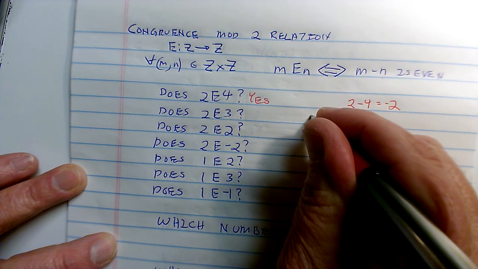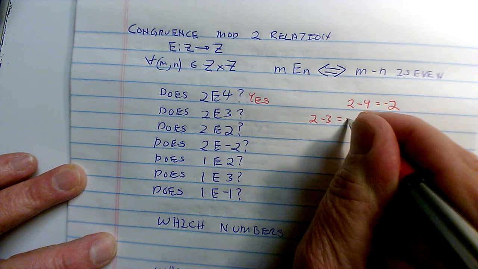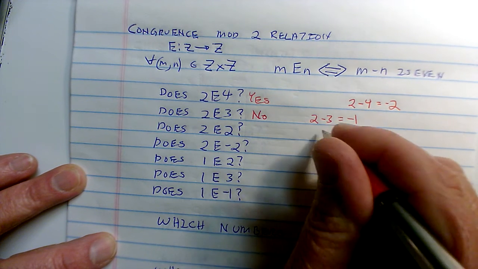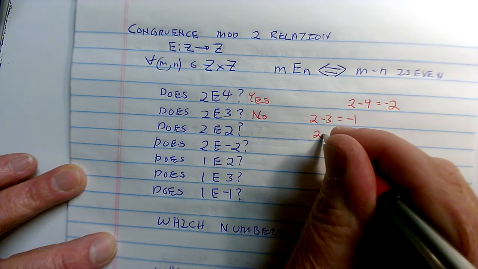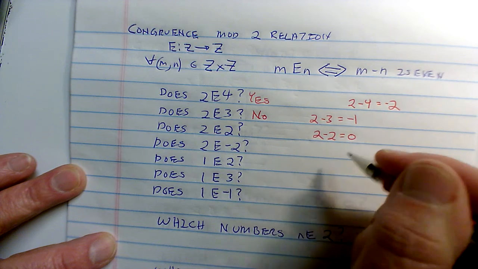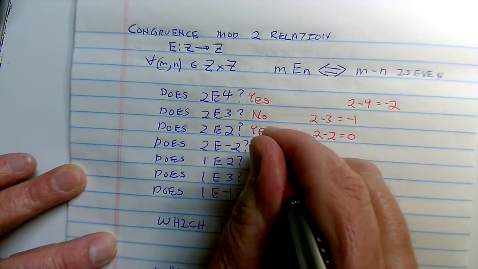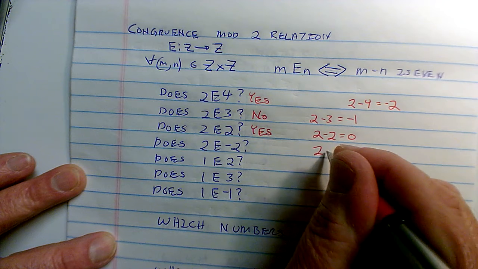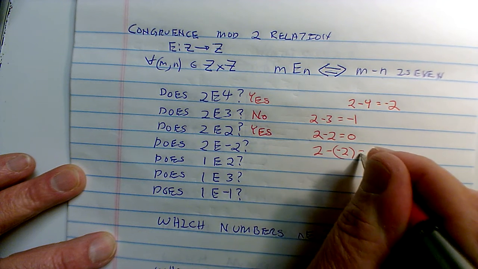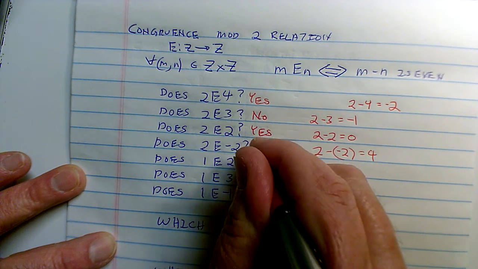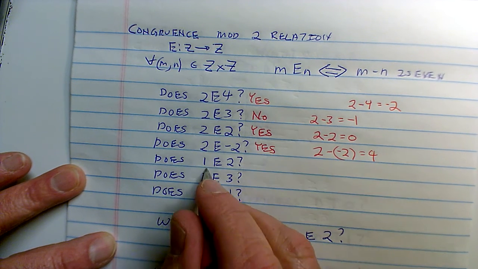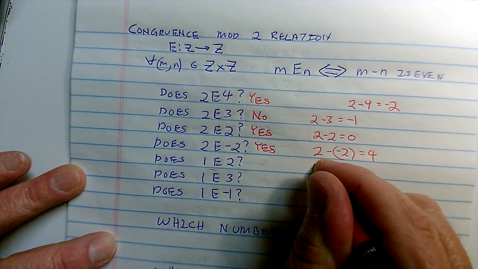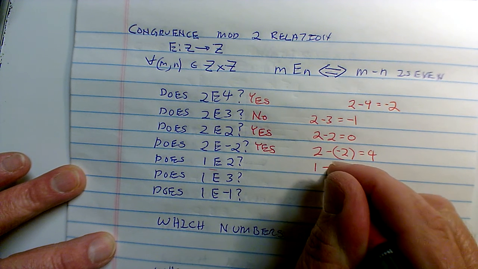Well, if you take a look at 2 minus 3, we get negative 1, which is not even, so that's a no. How about 2 E 2? Well, 2 minus 2 is 0. That's an even number, so that's yes. Does 2 E negative 2? 2 minus a negative 2 is going to be 4, which is even, so that's a yes.